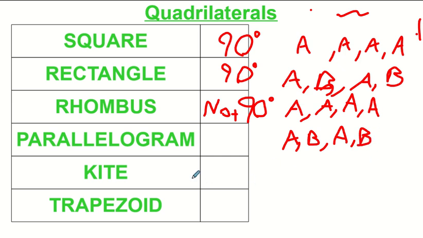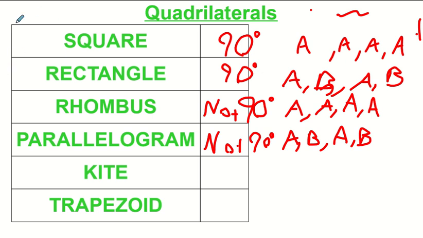The opposite sides are the same. And it is also not 90 degrees. So a parallelogram is basically like a rectangle when you don't have 90-degree corners. A rhombus is basically like a square without the 90-degree corners. All right, so rhombus, all the same. Parallelogram, alternating sides.